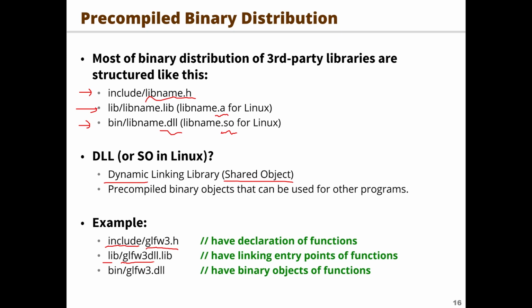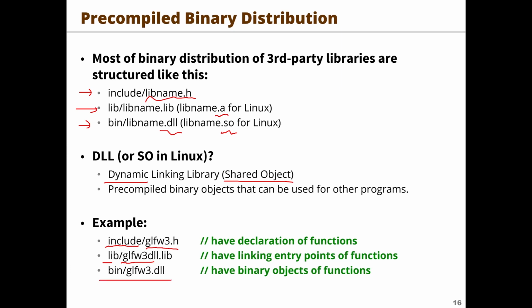This lib file is for linking with the DLL distribution. If we use static compilation, which contains all the binary inside the lib file, we use a different naming such as glfw3s or just glfw3.lib. Since we use the DLL, we use glfw3dll.lib.